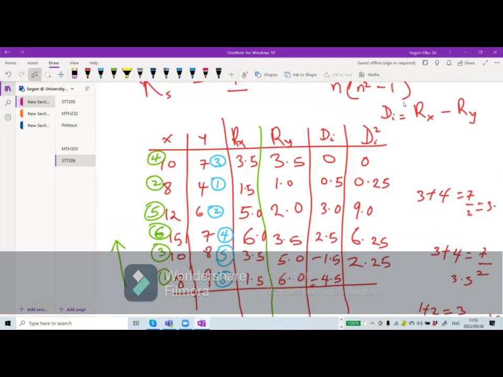Then 4.5 squared is 20.25. So let's add everything together.